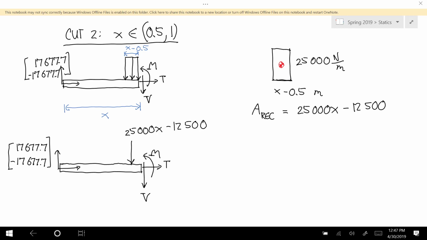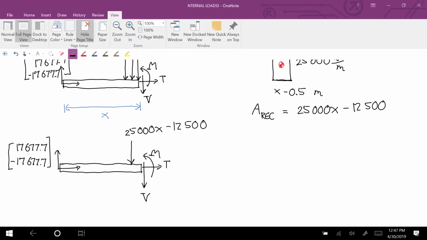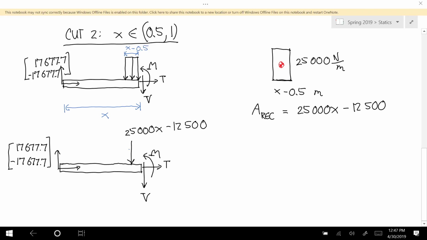That's just taking the average of those two points. So this distance is x plus 0.5, quantity divided by 2.